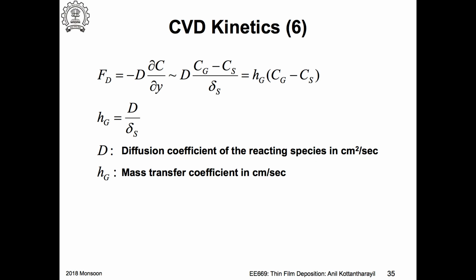So same equation, and the mass transfer coefficient Hg is the ratio of the diffusion coefficient and the boundary layer thickness, okay.